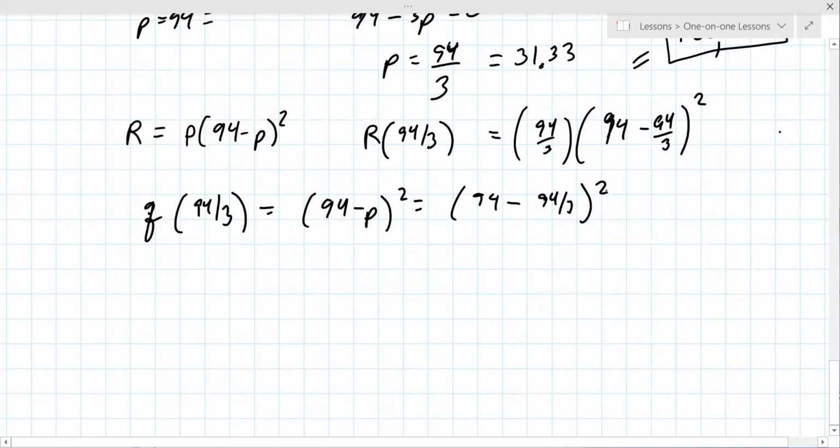It says how many cases are demanded, not what is the maximum revenue. We can calculate that. It's 3,927. Okay. That's right.